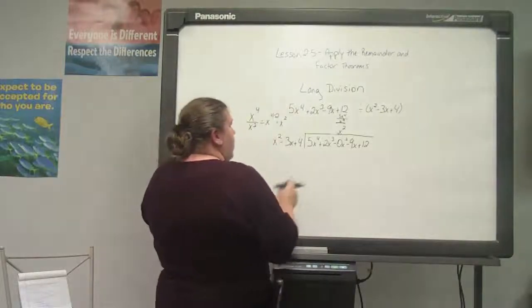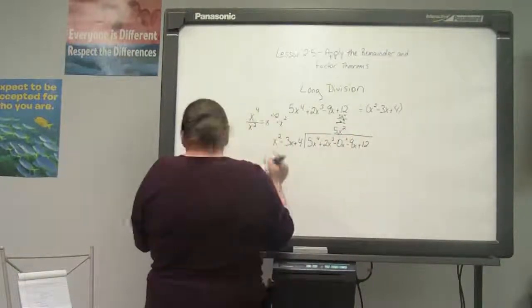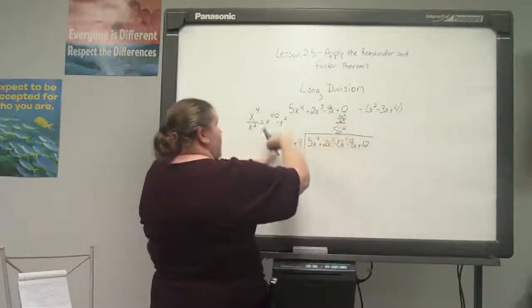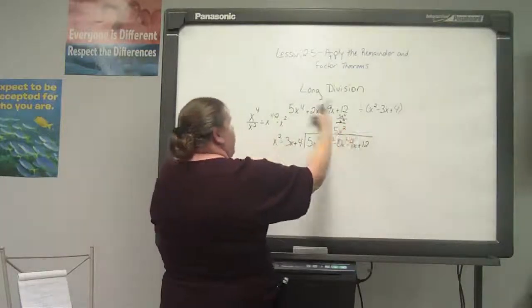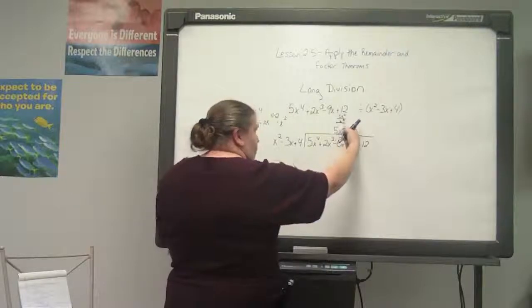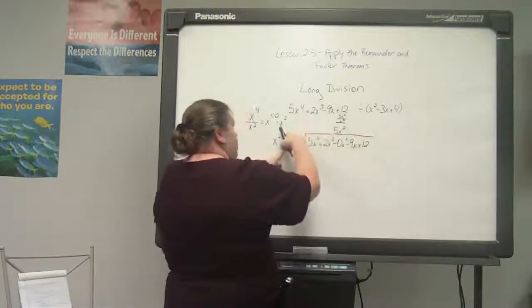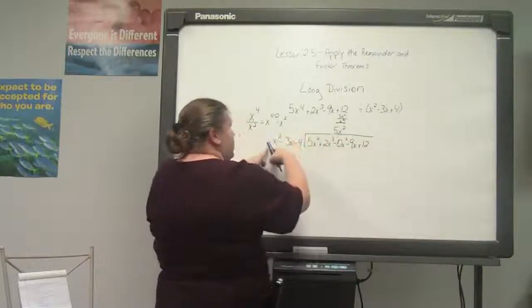When you do the multiplication back, just like in our previous division, you multiply what we have up here times 4, then times negative 3, and then again times our x squared.